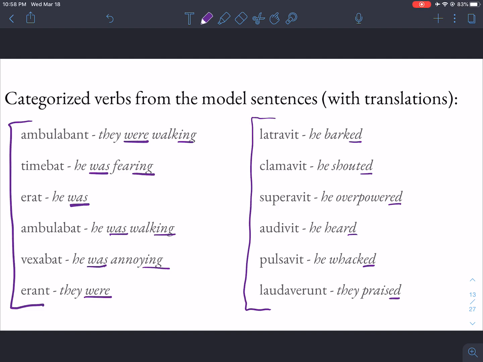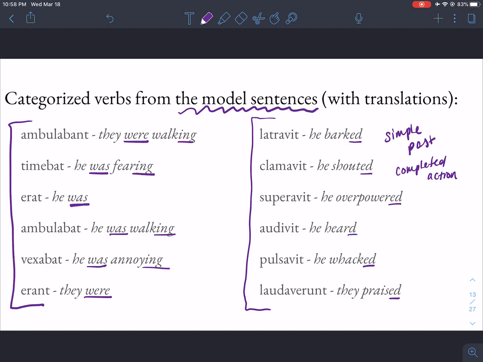In English, we call this tense the simple past. It's also called completed action, and I'll talk about that a little bit more in a second. But those are just two very superficial similarities and differences that you can see between the sets of verbs that were presented to us in the model sentences.